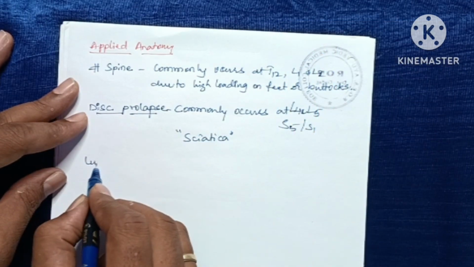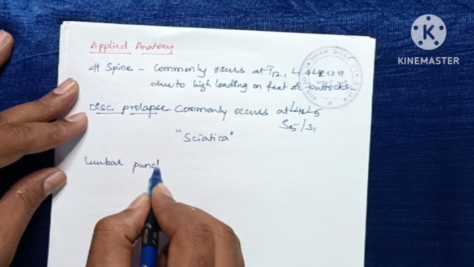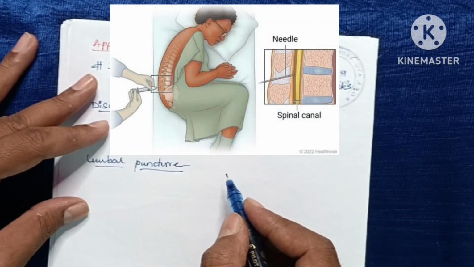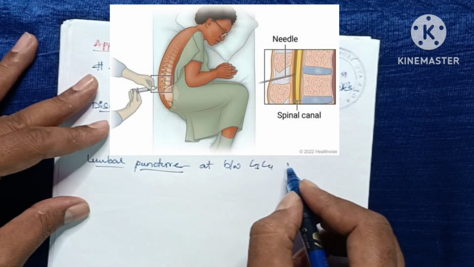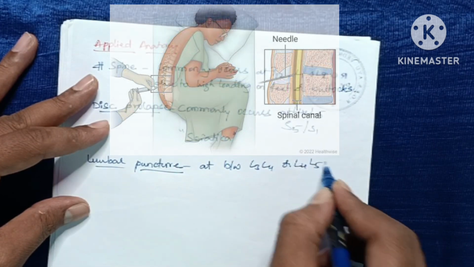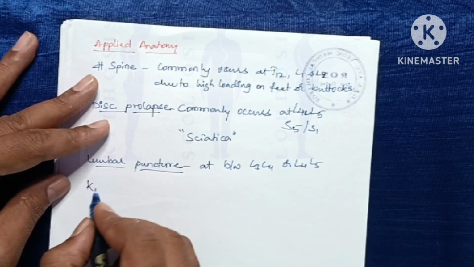Next we'll see lumbar puncture for spinal anesthesia or CSF drainage, which is done between L3, L4 or L4, L5.